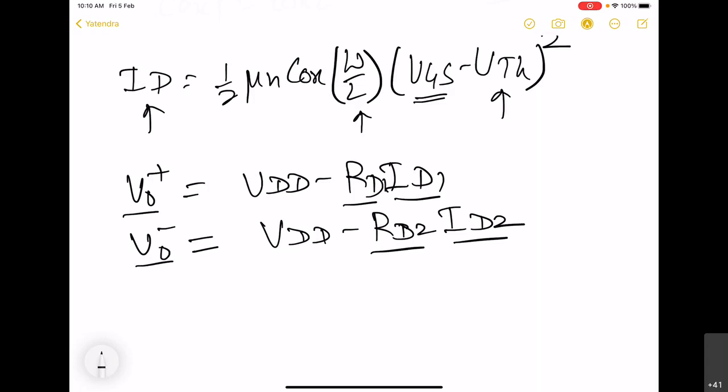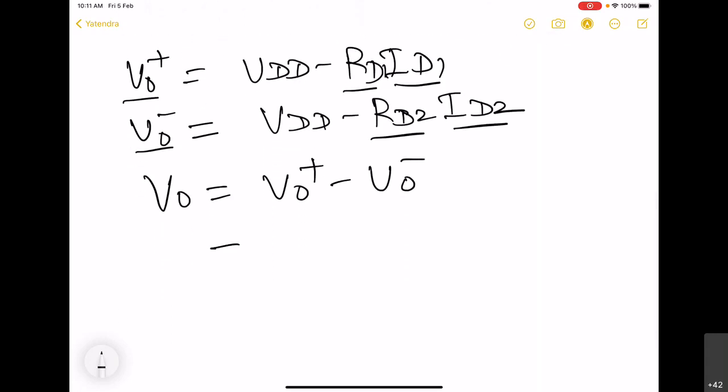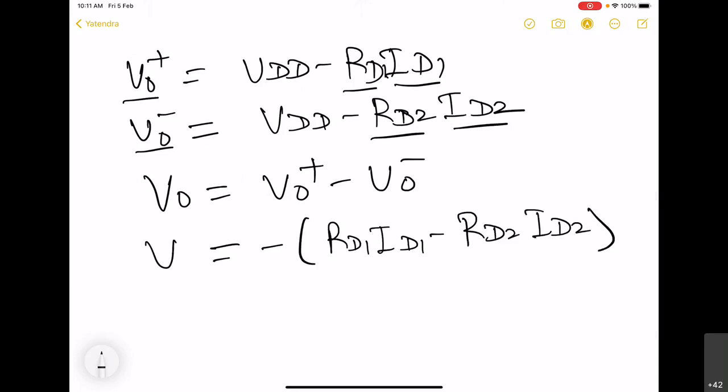So that means there will be net DC at the output given by this expression, and this will be equal to minus RD1 ID1 minus RD2 ID2.